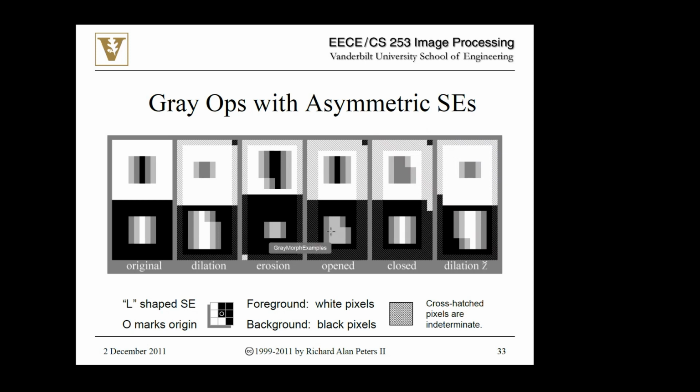Opening is erosion followed by dilation, because this peak is cut and removed. And closing is filling gaps, so this gap down here is filled. And this is dilation of the reflection. Any questions?